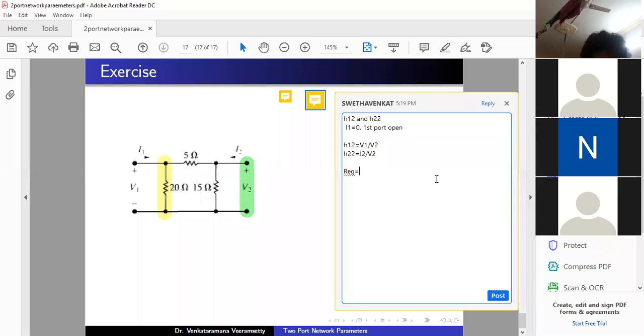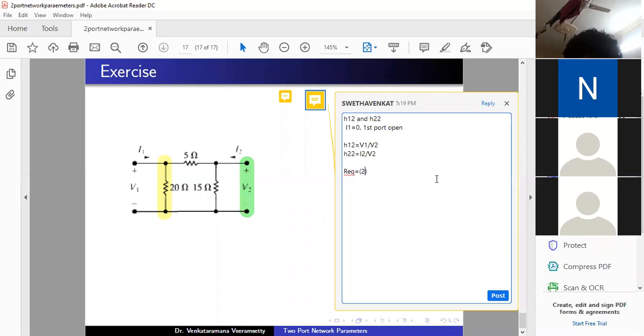So 25 into 15 divided by 25 plus 15, which is 40, equals 9.375. That's the equivalent resistance.